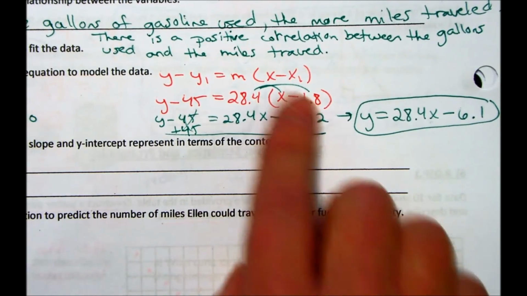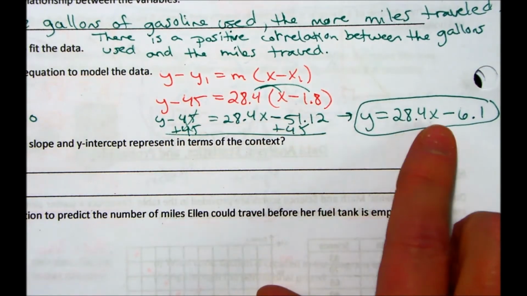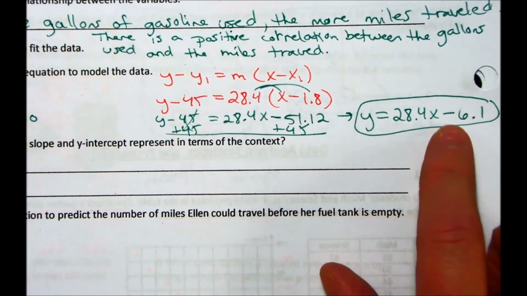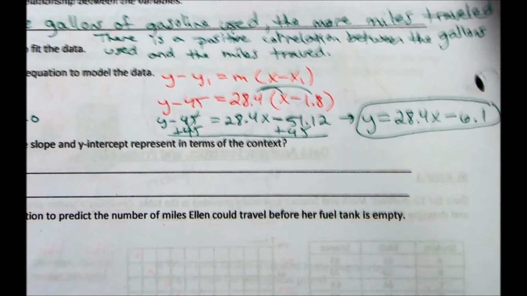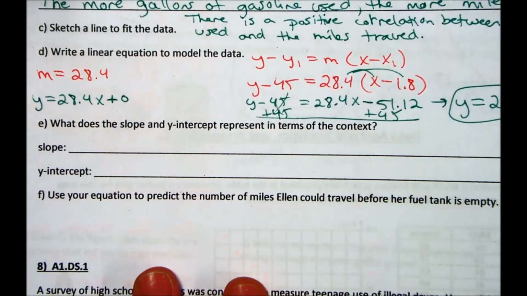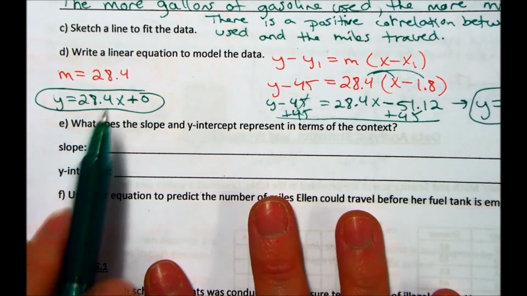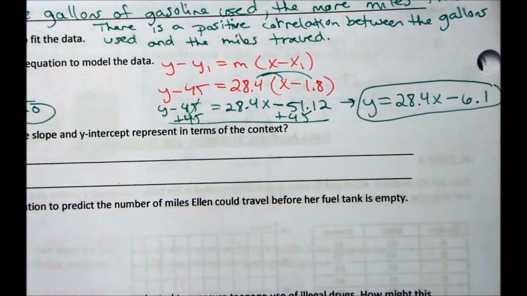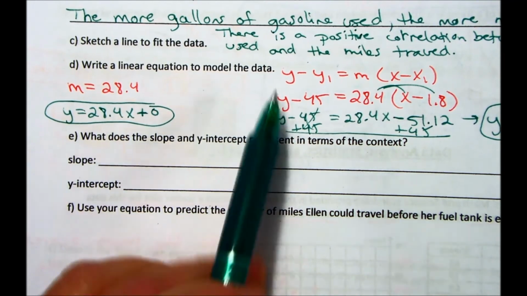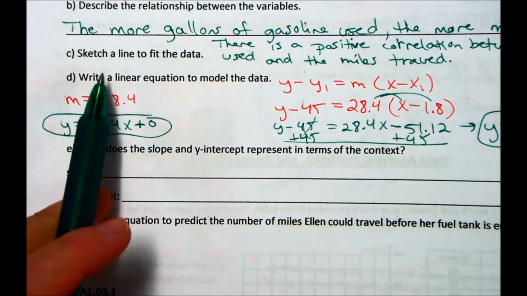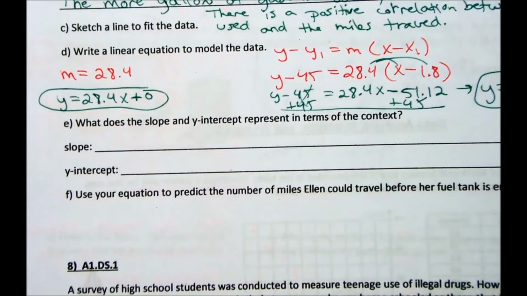However, if we are using those 2 points and we plug them into point-slope form, algebraically we get a y-intercept of negative 6.1. So whether or not the ISTEP would accept this or this, I'm not real sure. I guess it depends on whether you show all the work and whether they are clear about the instructions.